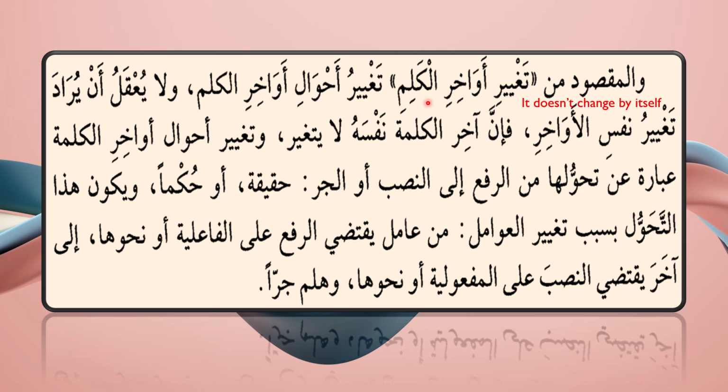You will check the position of the noun or a verb, and you can check the reason why there is a change in the haraka, because with some of the nouns you will see that sometimes they have a dhamma, sometimes they carry a fatha, sometimes they carry a kasra. So why do they change? Do they just change randomly by themselves? No, there must be some reason. So that's what this author has explained here, that it does not change by itself, but there is a reason to bring about this change.